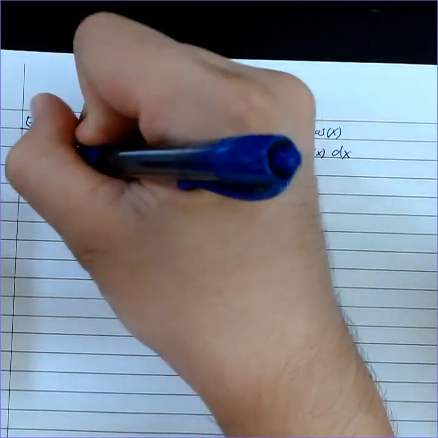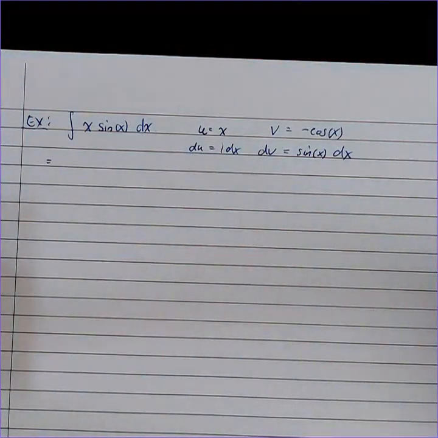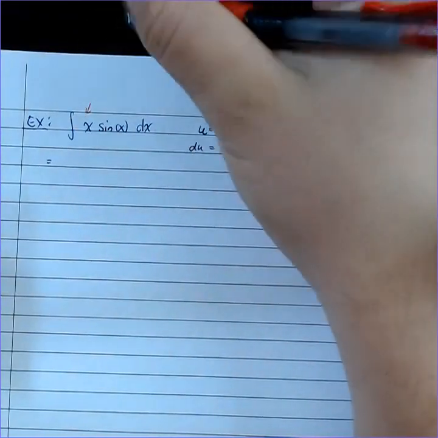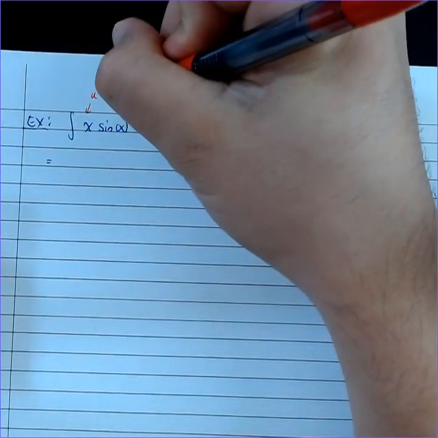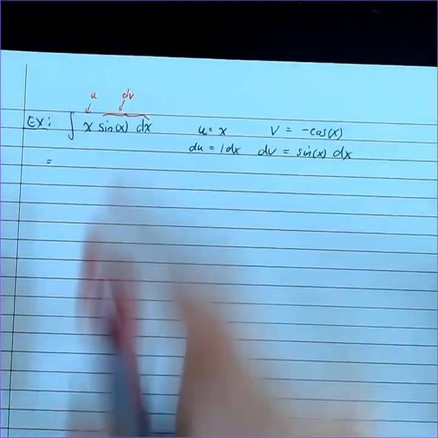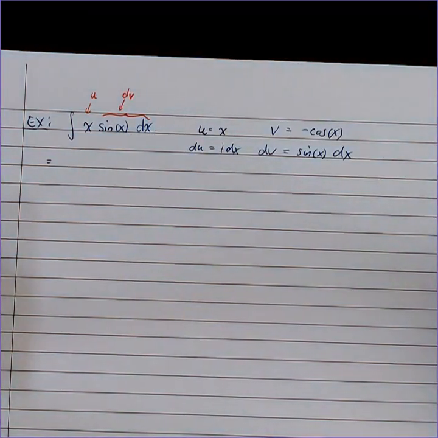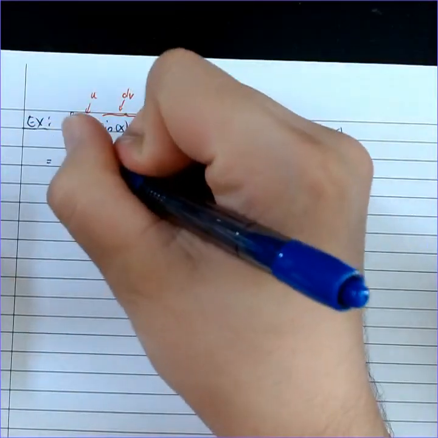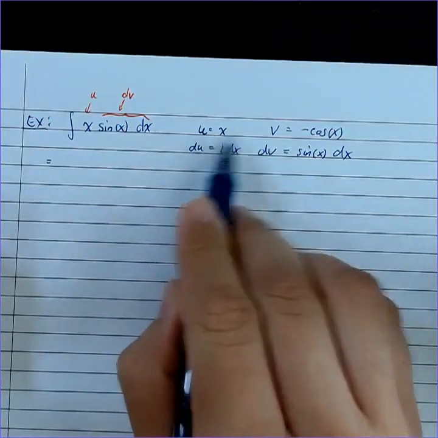Once you have that, your result won't be your final answer, but it'll be a new integral. That new integral, assuming we did things correctly, should be simpler than the integral we started with. The integral that we want is going to be u times v. Okay, that one times that one.